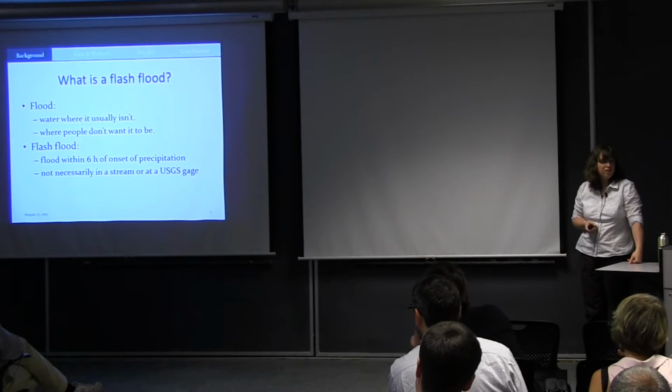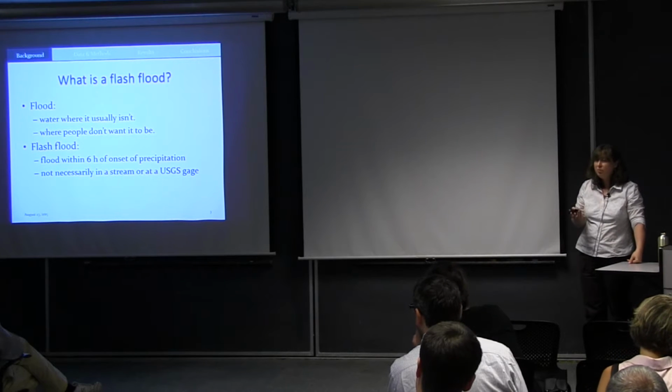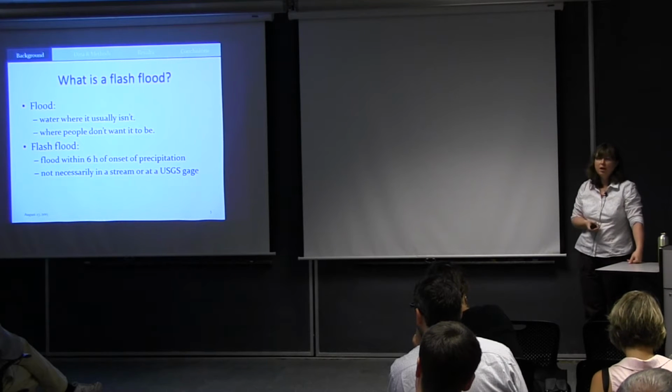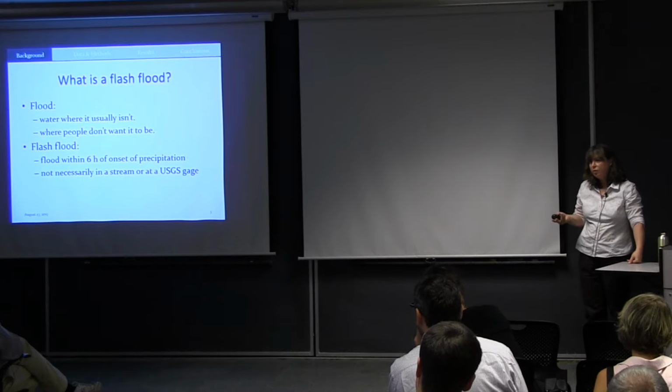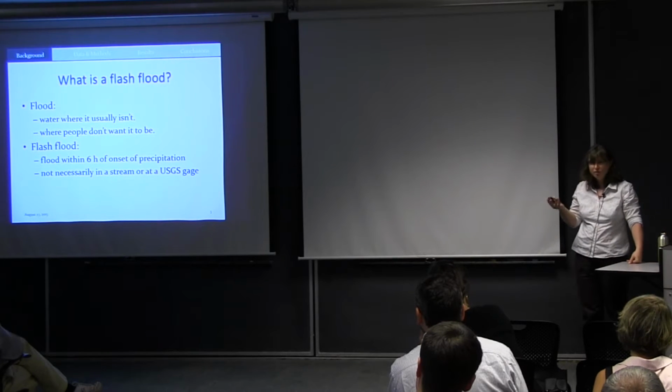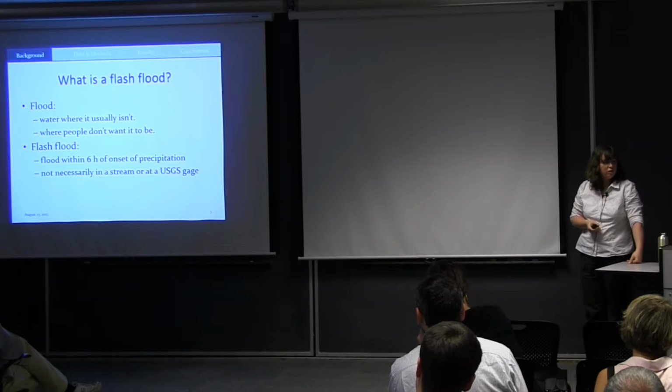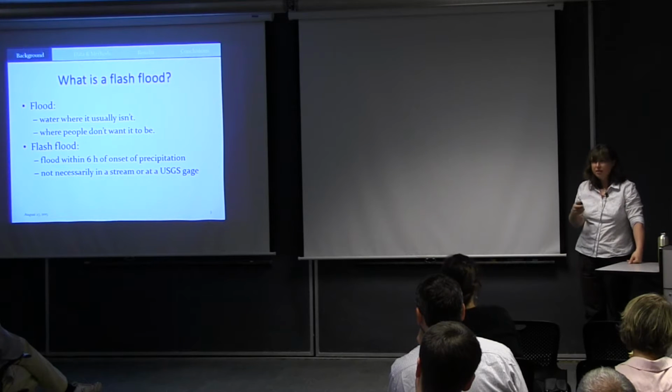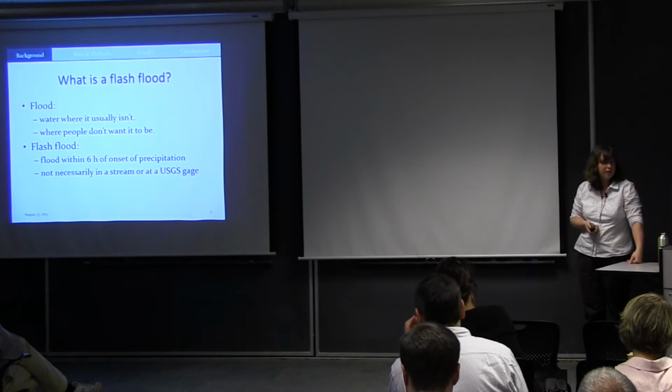And since flash floods are generally reported by people, not by gauges or remote sensing, there's a bias in where they're reported. They're only reported if someone notices and calls and says, there was a flash flood here. So I'll get into a little more in a bit about how I deal with these challenges of detecting and delineating where flash floods happen.